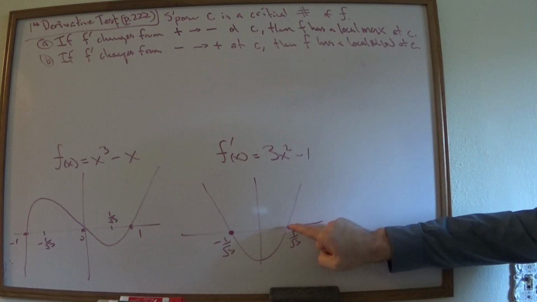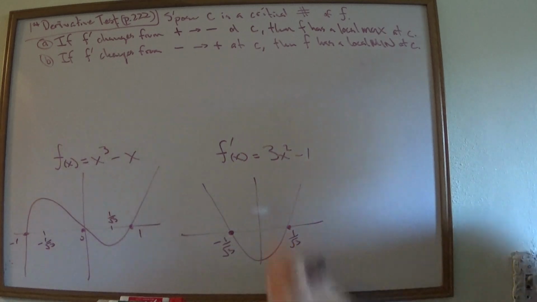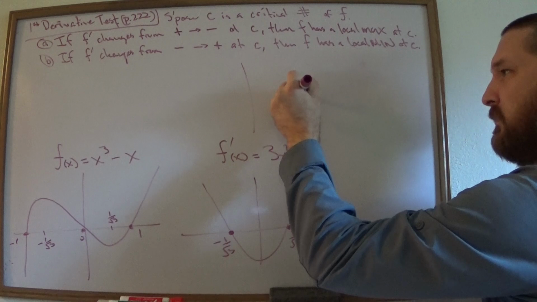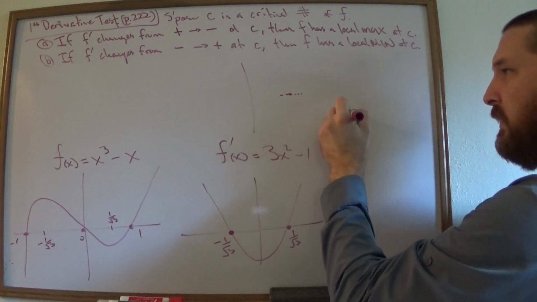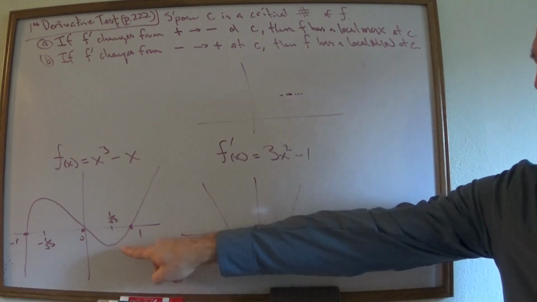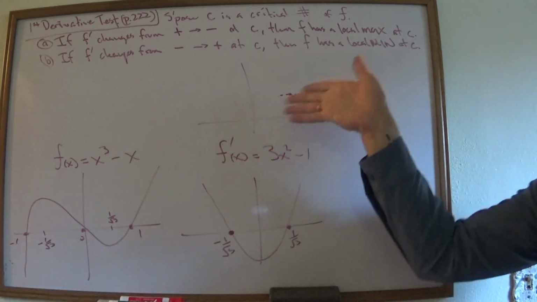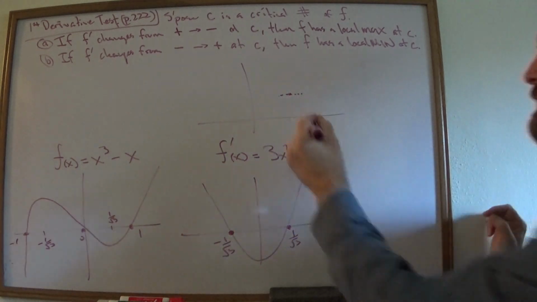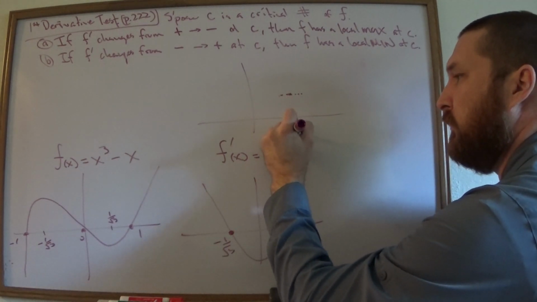Here's my critical point, so I know that the derivative must be 0 there. The derivative at that point, whatever it happens to be. Now I'm just saying we don't know what's happening here. Our slope is 0 at this point, 1 over root 3.